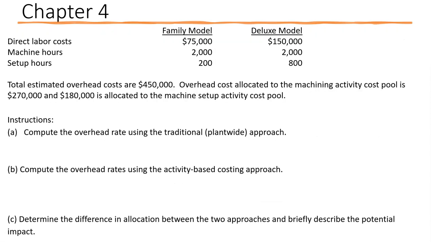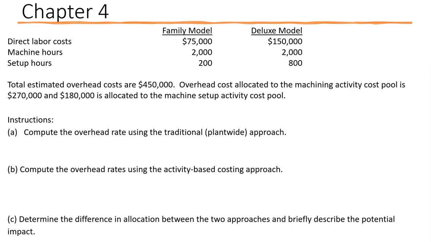So the first one, compute the overhead rate using the traditional plant-wide approach. Typically we use a driver such as direct labor costs or hours. We don't have direct labor hours, so we're going to use direct labor costs.